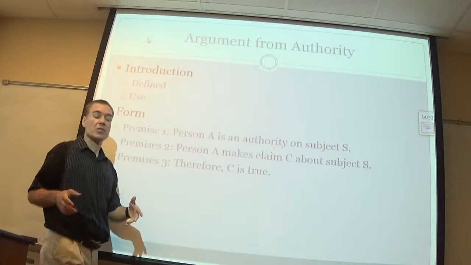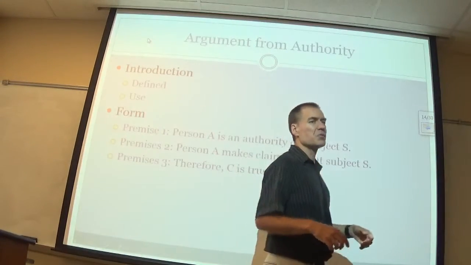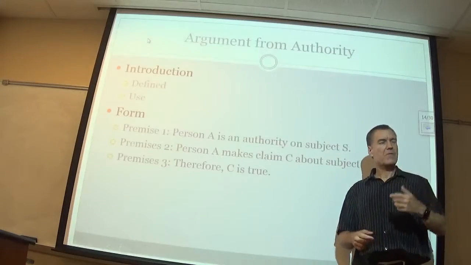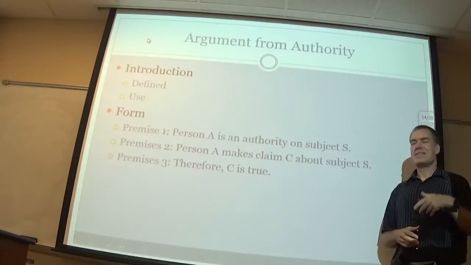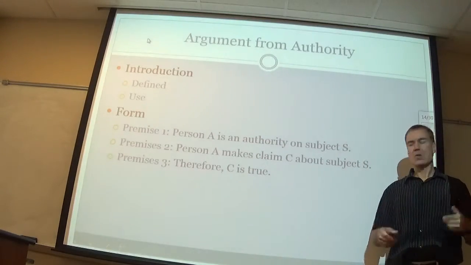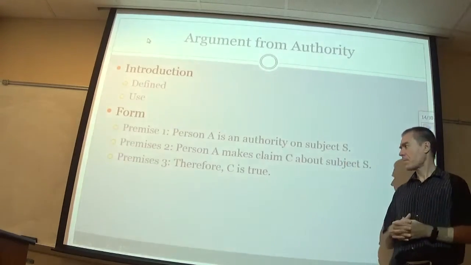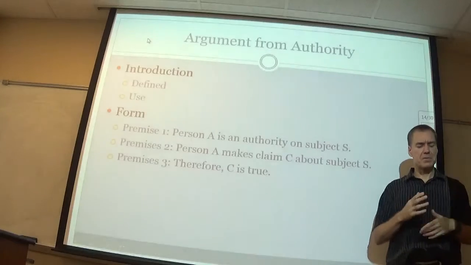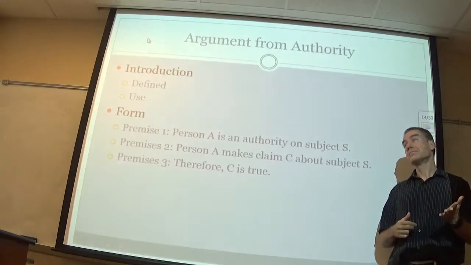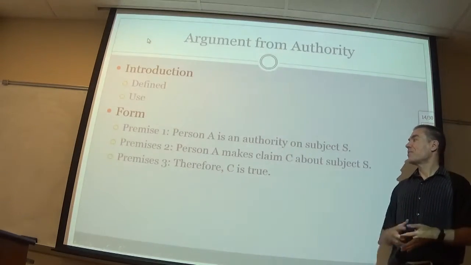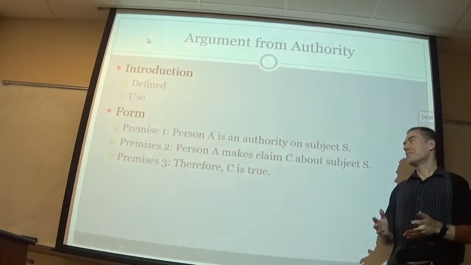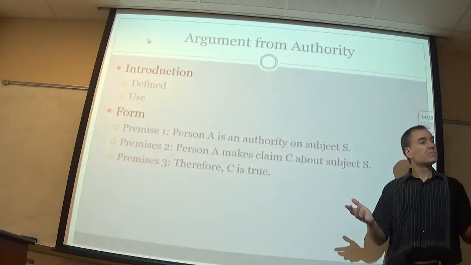So a good use for this in your paper would be if you need to establish a factual claim. Like if you're wondering, does capital punishment deter or not? What you do is look at an expert, and just say, according to the expert, blah, blah, blah. Or say it's about the psychological effects of depriving people of privacy.